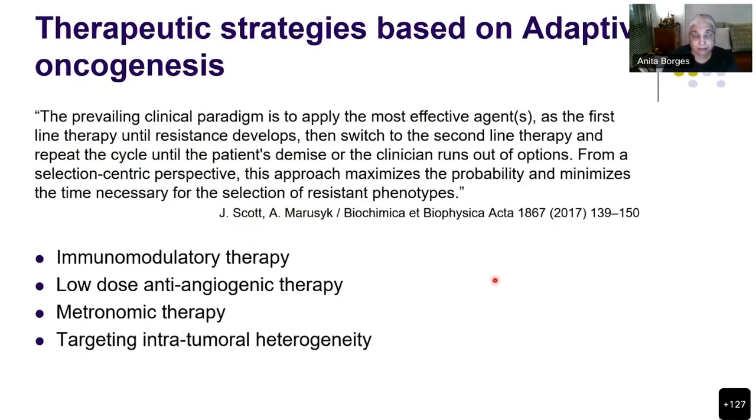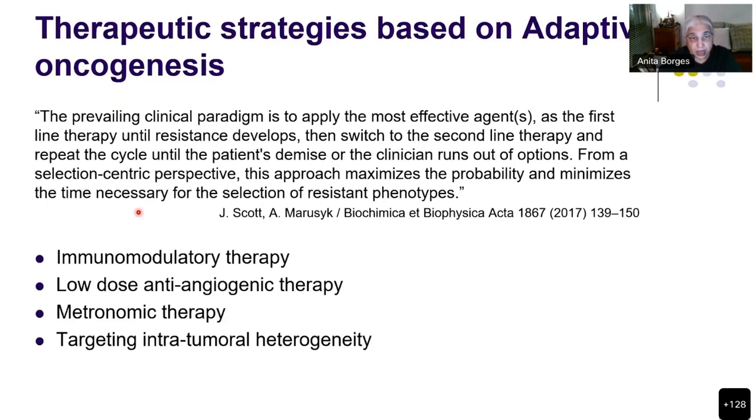And today, we are going away from this first thing. We are still doing this day in and day out, switching from first-line chemotherapy to second-line chemotherapy and third-line chemotherapy until, as they say, the patient's demise, or the clinician runs out of options, or sometimes the patient runs out of money. Okay?